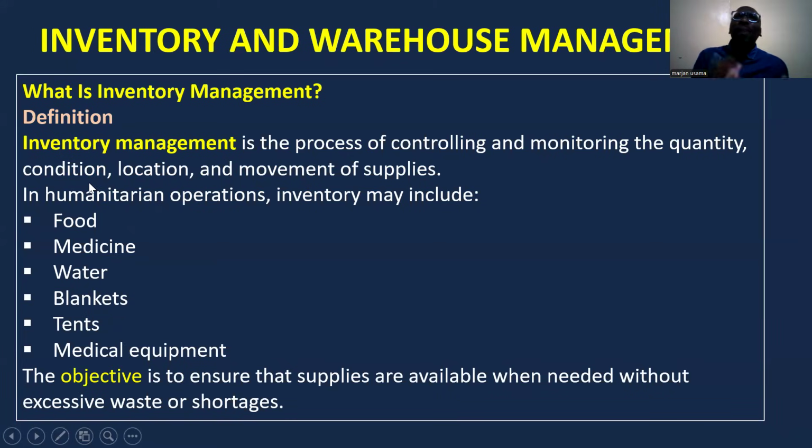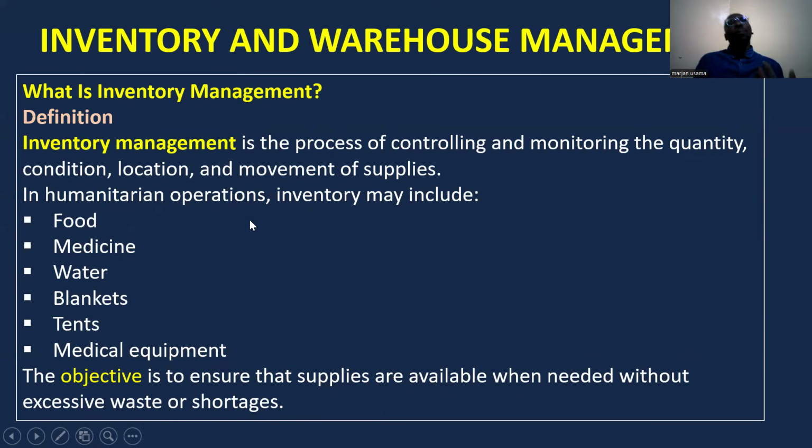Because sometimes there are some supplies that need to be stored in a fridge, more so the perishable goods: the vegetables, the onions, some medicines. So what are the storage conditions? Then what is the location of these procured goods? And how are we going to move the supplies?